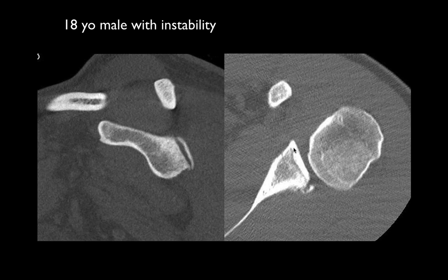And if you also notice here, the patient has a retroverted glenoid. If we go through the angles we talked about before, this would be very abnormal. It really should come out more like this. So if we did all the angular measurements, this would be a very retroverted glenoid.